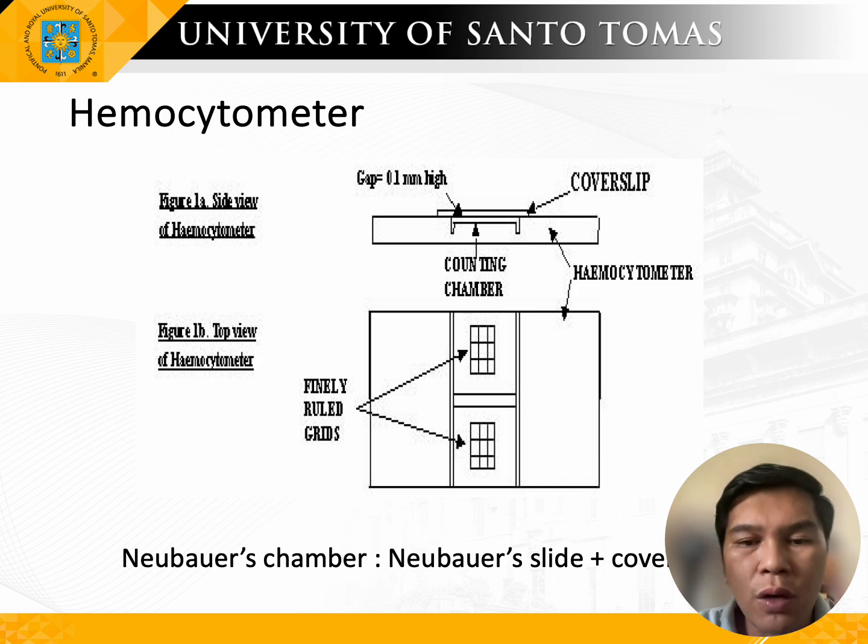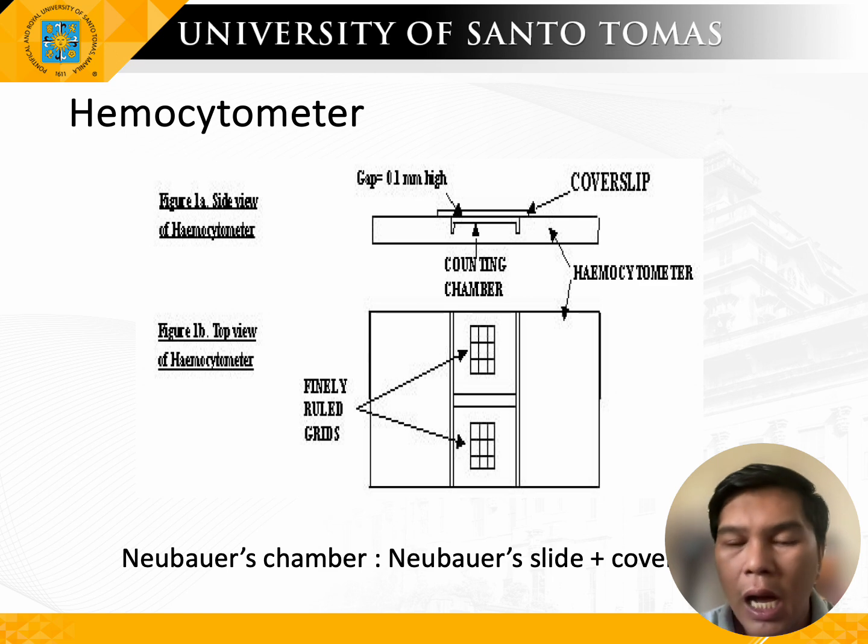So if you look at the figure, you have a gap which is equal to 0.1 millimeter high between the cover slip and the Neubauer's slide. Aside from that, you have of course the finely ruled grids.